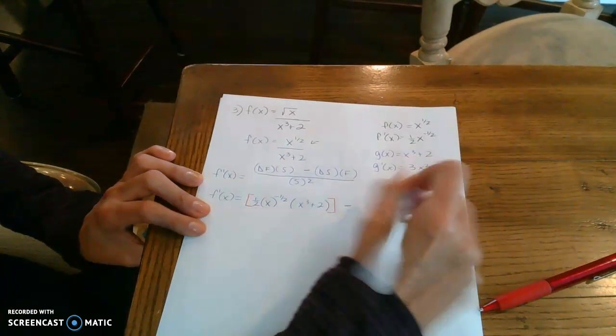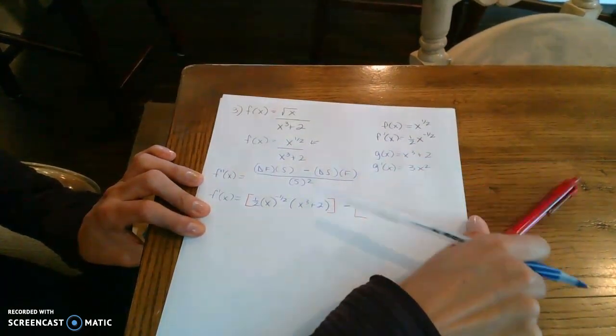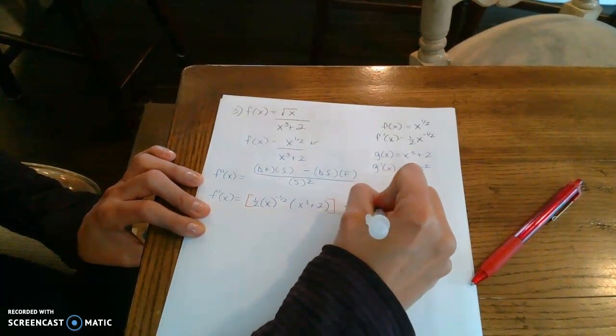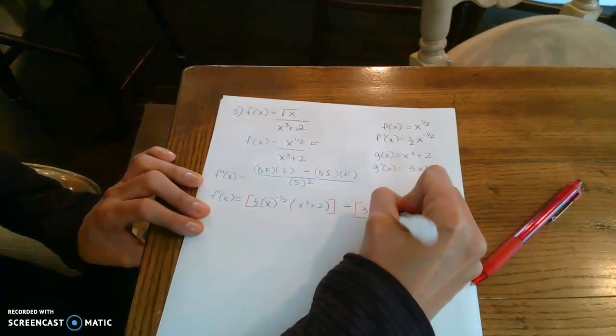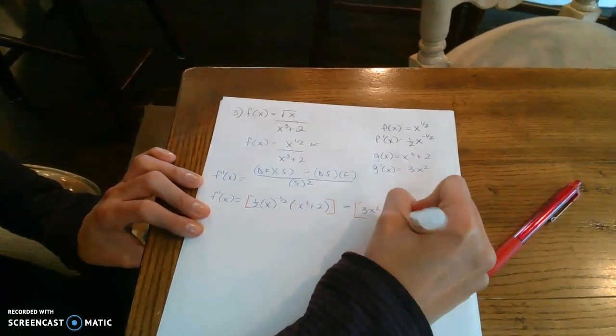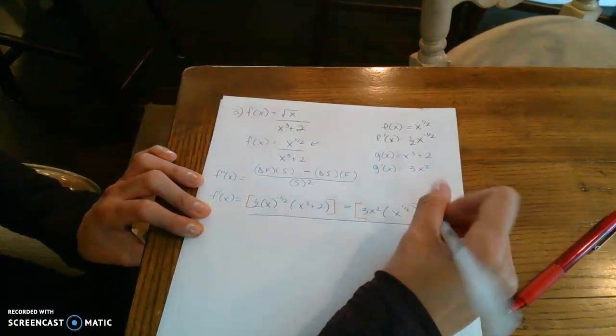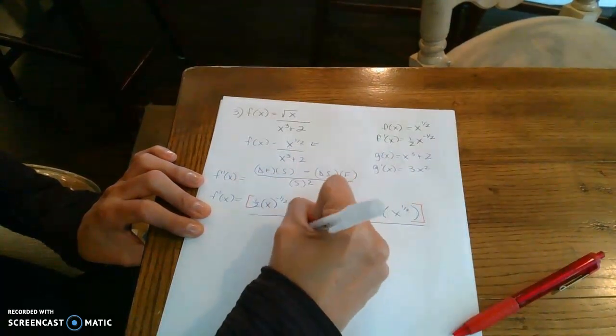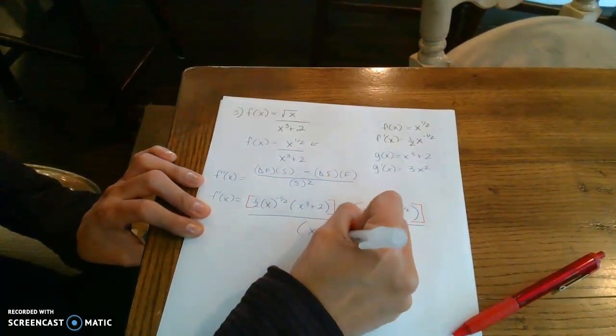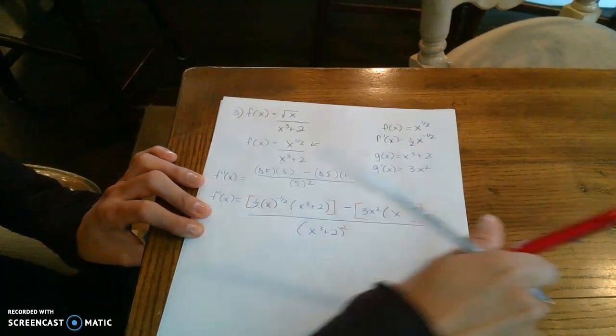Minus, now my second one goes: derivative of the second, which is 3x squared, times the first, x to the 1/2, all over the second, which is x cubed plus 2, and that whole thing squared.